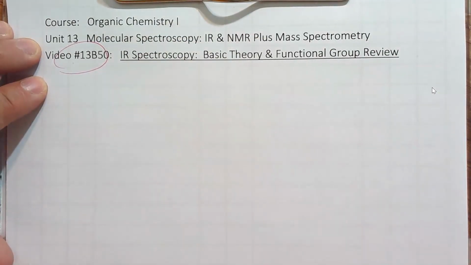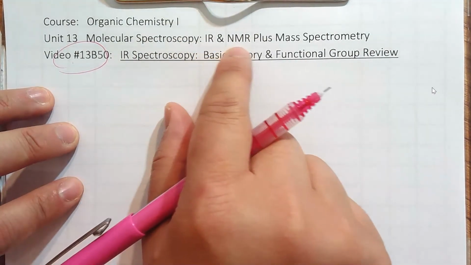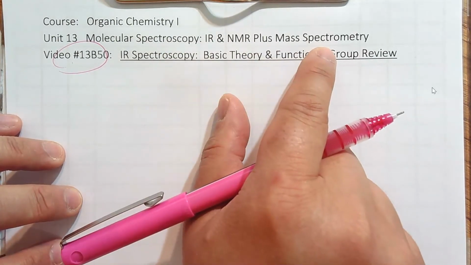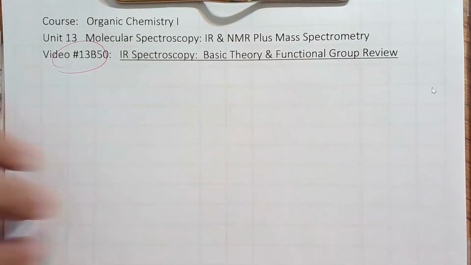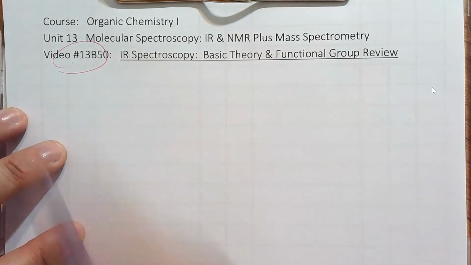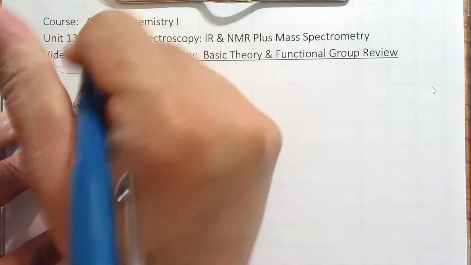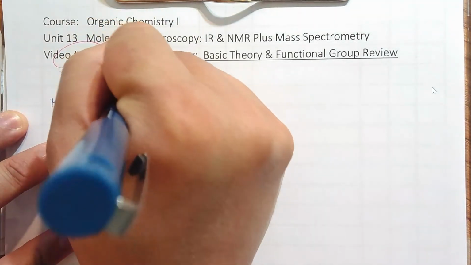This is in Unit 13, where we talk about several spectroscopies, plus a spectrometry technique called mass spec. But let's focus on IR, and let me give you a fairly long definition for molecular spectroscopy.